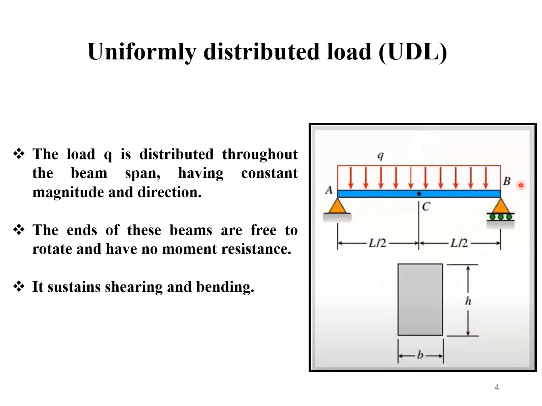There are two important assumptions we need to make for a structure to be considered a simply supported beam under uniformly distributed load, namely UDL. First, we need to assume that load Q is distributed throughout the beam span, having constant magnitude and direction.